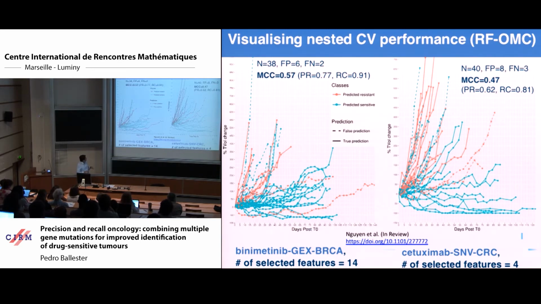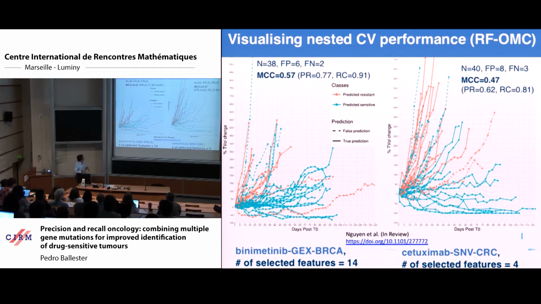What you can see here is each of these lines is a PDX, showing how the tumor of the PDX grows with time. The red are predicted resistant, the blue are predicted sensitive, and the false predictions are in dashed lines, where true predictions are solid lines.